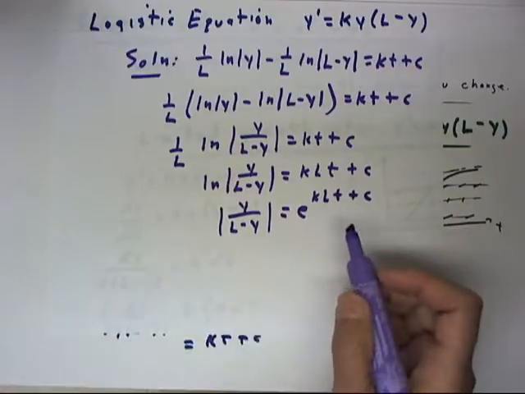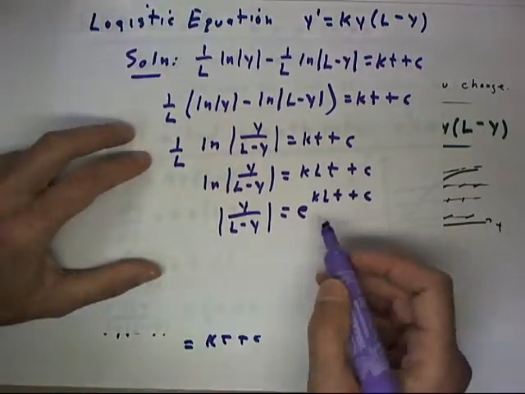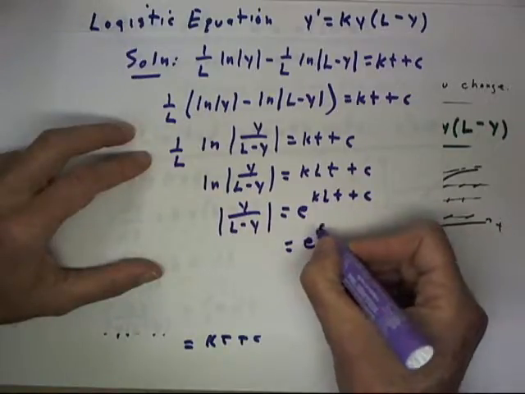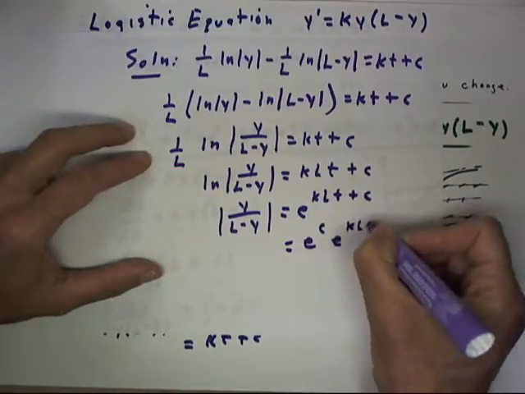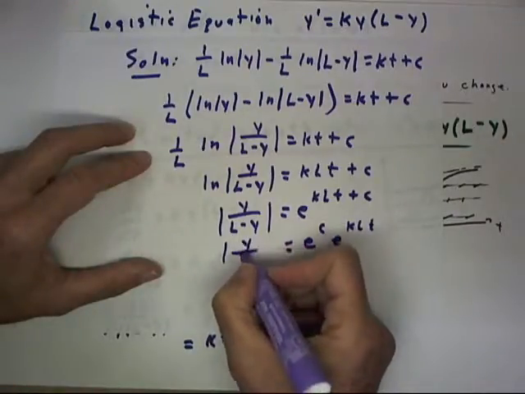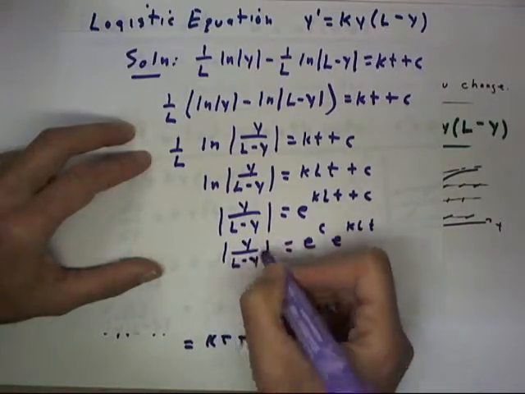As we did with the solution to the unrestricted growth problem, we're going to factor this side. We're going to get e to the c, e to the kLt. On this side we're still going to have the absolute value of y over L minus y.